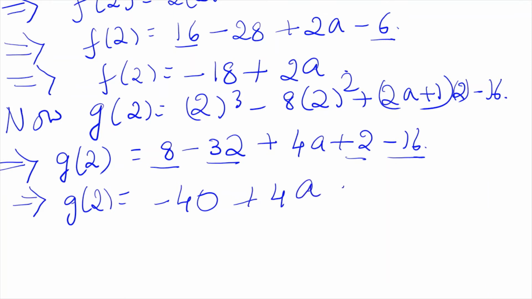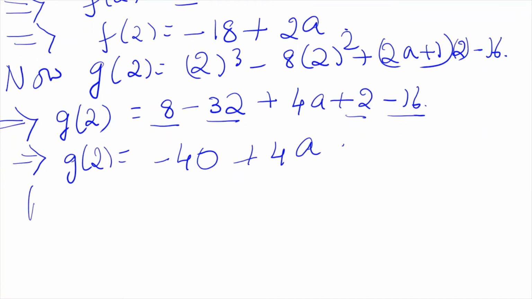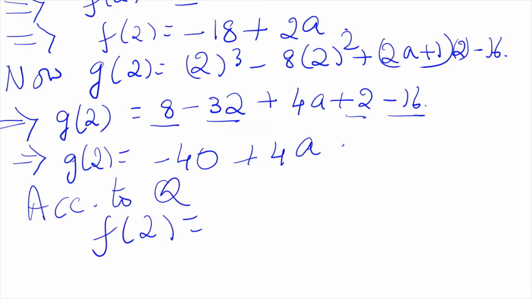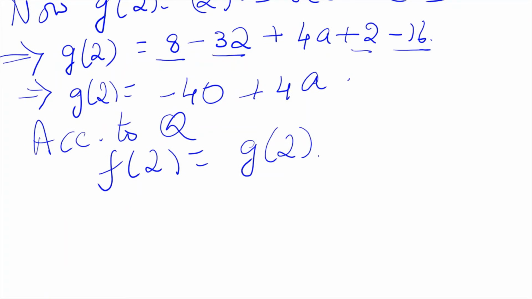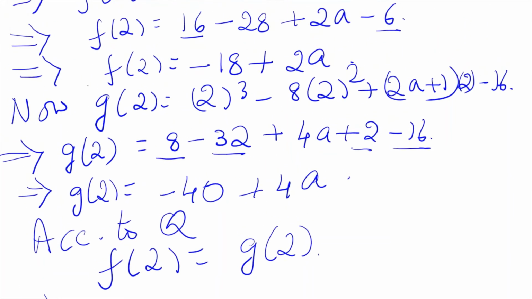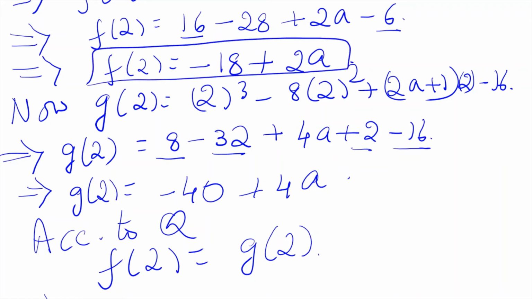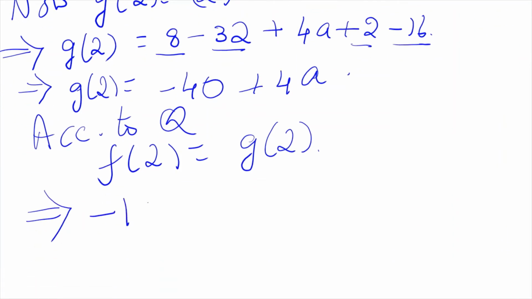So, according to the question, the remainders are the same. So f of 2 must be equal to g of 2. So f of 2, how much did we get? Minus 18 plus 2a.